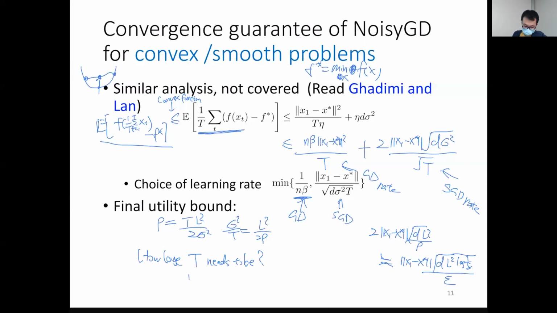To say it differently, n beta times x1 minus x star square over t needs to be smaller than x1 minus x star square, and d L square log 1 over delta over epsilon, right? And I guess these two can be grouped together into square root of rho, right?